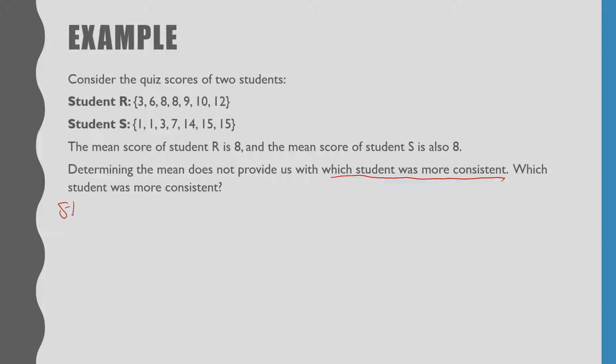So if I start with student R, we take the absolute value of that first data point, which was 3, and I subtract it from my mean. Okay, so I'm applying that first, here's my formula.